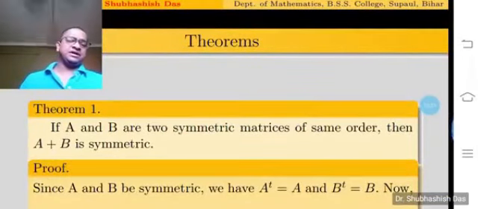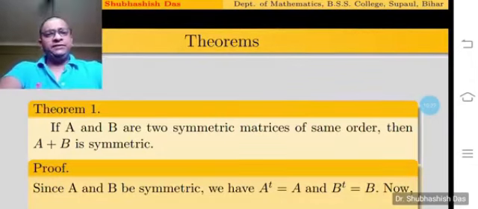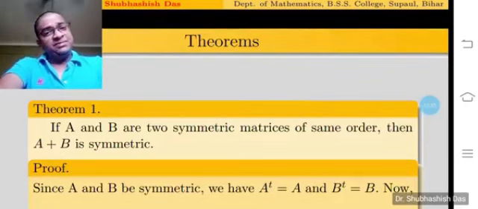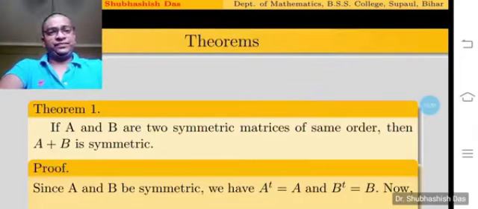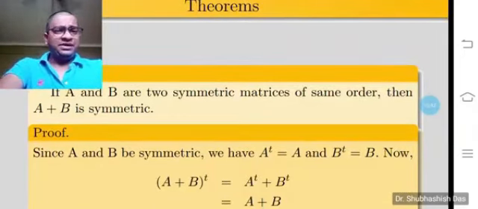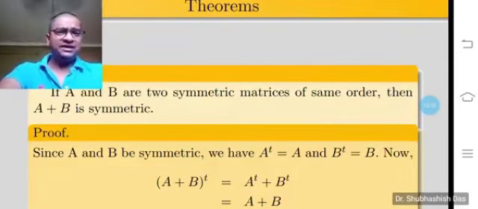Here are some theorems. First theorem: if A and B are two symmetric matrices of the same order, then A plus B is also symmetric. How? The proof is very simple. We know that A transpose is equal to A since A is symmetric. Similarly, B transpose is equal to B since B is symmetric.